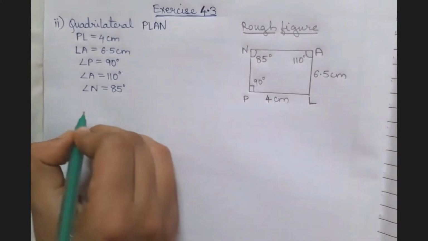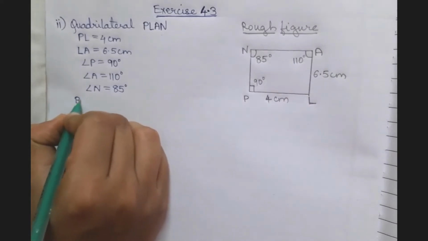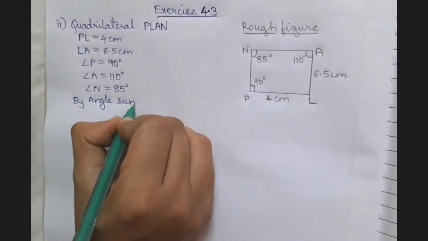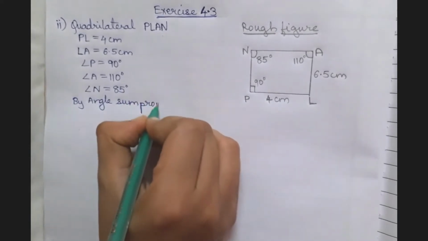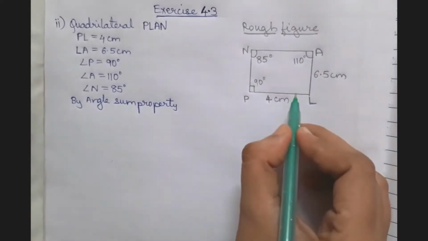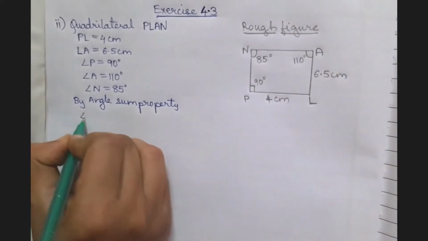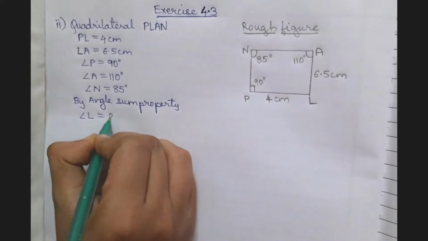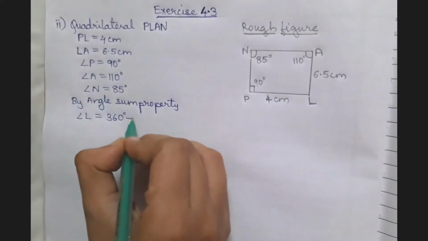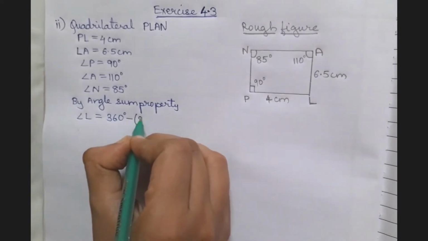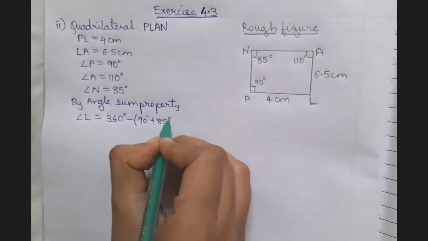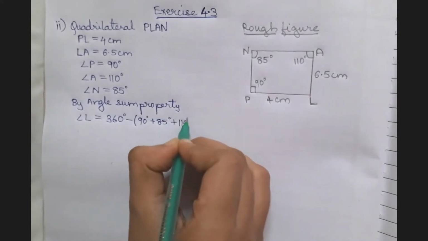So we know that by angle sum property, our angle L will be 360 degrees minus the remaining angles. That is 360 minus (90 plus 85 plus 110).